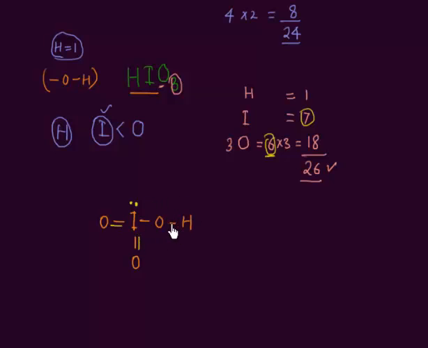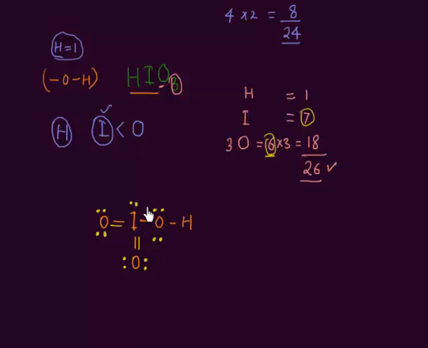Each oxygen atom is left with 4 valence electrons, and these are shown in the form of dots. Here we show 4 dots, and these are the electrons which do not take part in the bond formation.